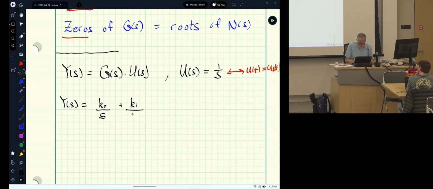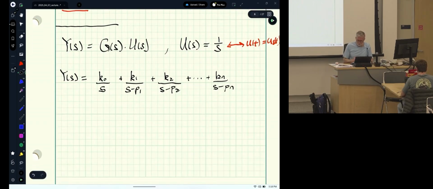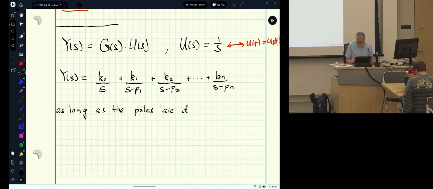So k1 over s minus p1. So we'll call the roots by p now because they have a name, poles. And that works as long as the poles are distinct. We don't have any repeated roots in the denominator. So it's just a partial fraction expansion.